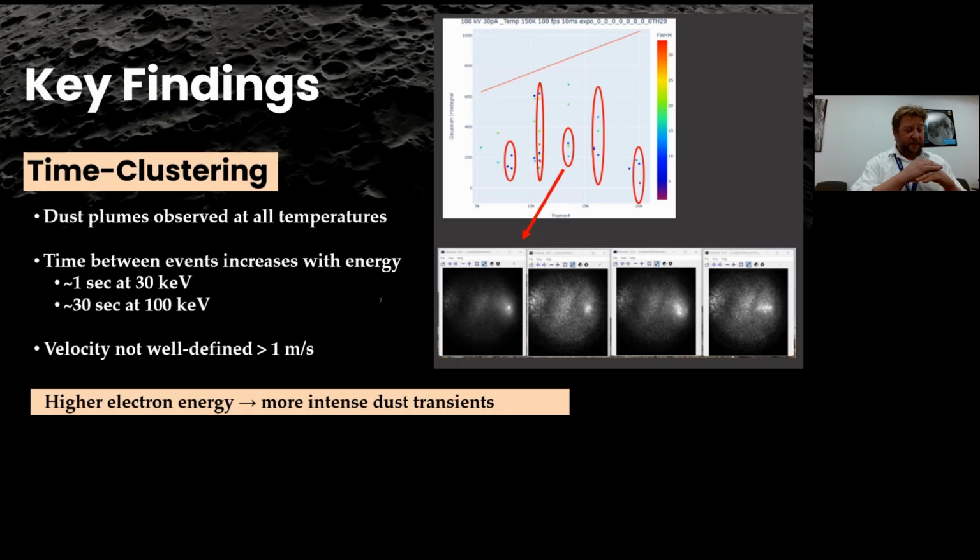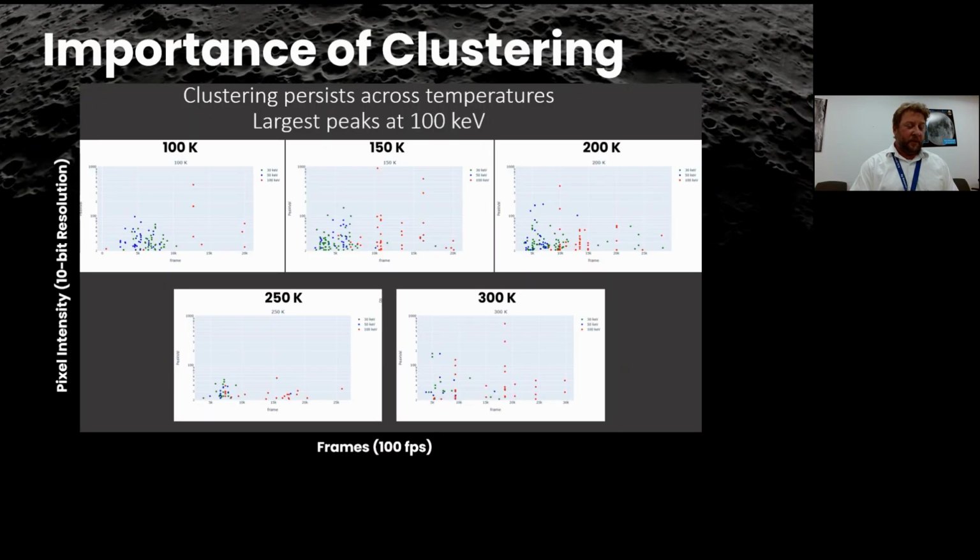So we know these events are occurring very fast in this setup, but we don't know exactly how fast the front is. Certainly the higher energy electrons lead to these more intense transients through the laser field.